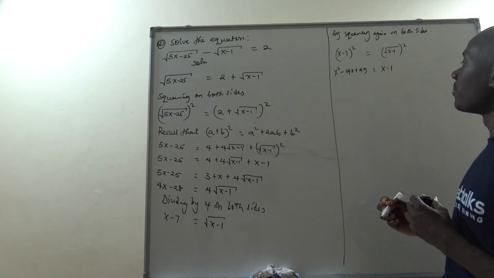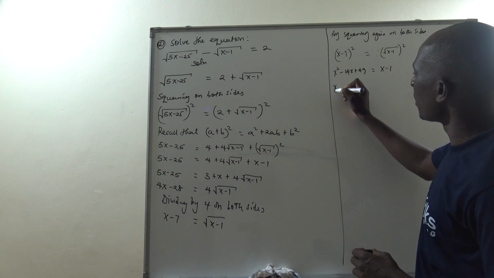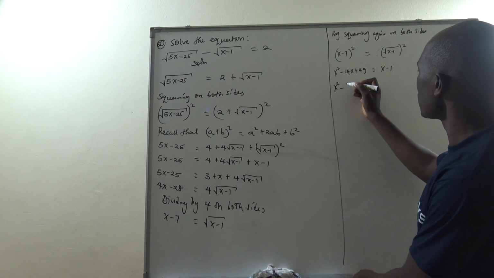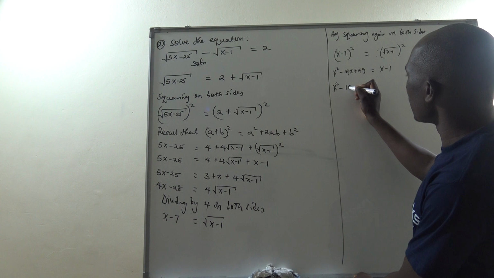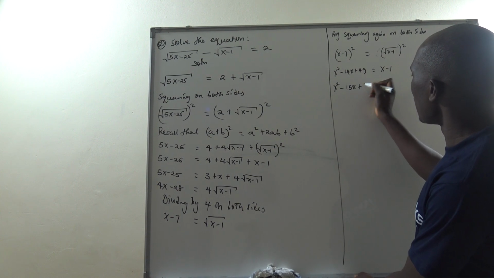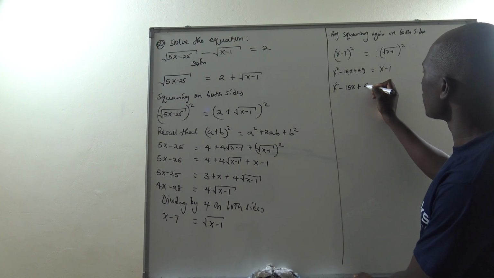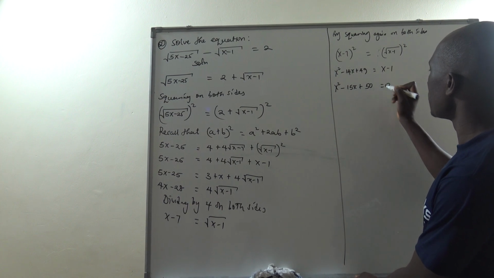Again, we collect like terms. We are having x squared minus 15x, then plus 49 plus 1, we are getting 50, equals 0.